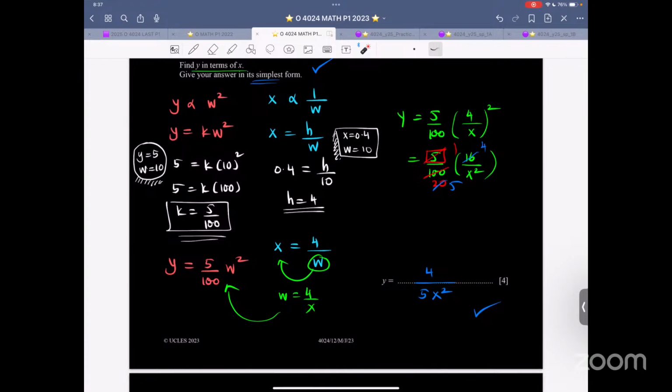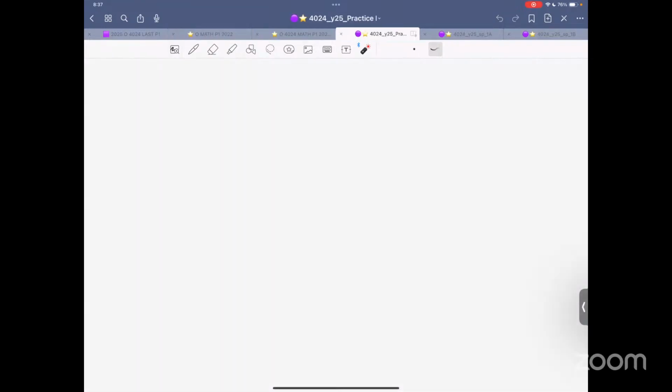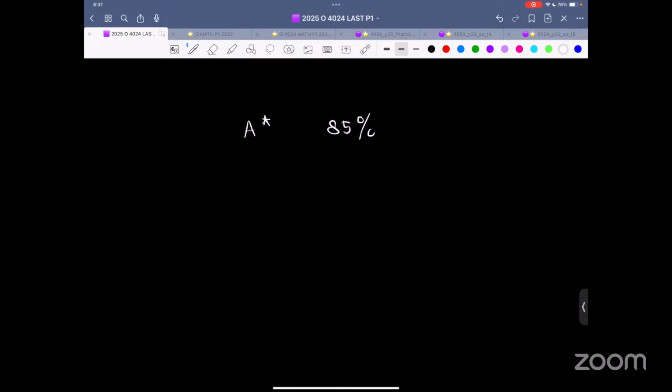Someone asked this question, so how is 76 out of 100 for A star? For A star, it's less. Usually, let me write it over here. People usually, I'm just giving you an idea. A star is like 85% above for both the papers combined.